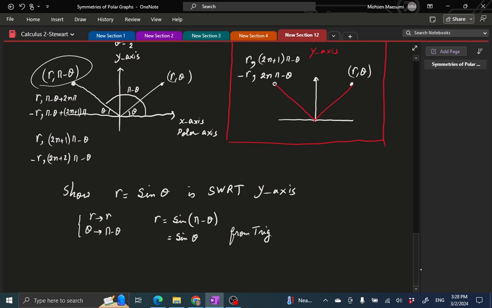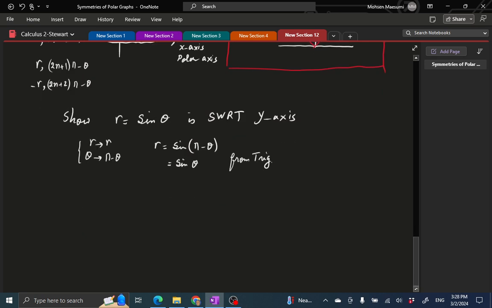I hope you remember that. Either do the expansion or just remember the identity. So after this substitution, the resulting equation is equivalent to the original equation. That implies that you do have symmetry with respect to the y-axis.